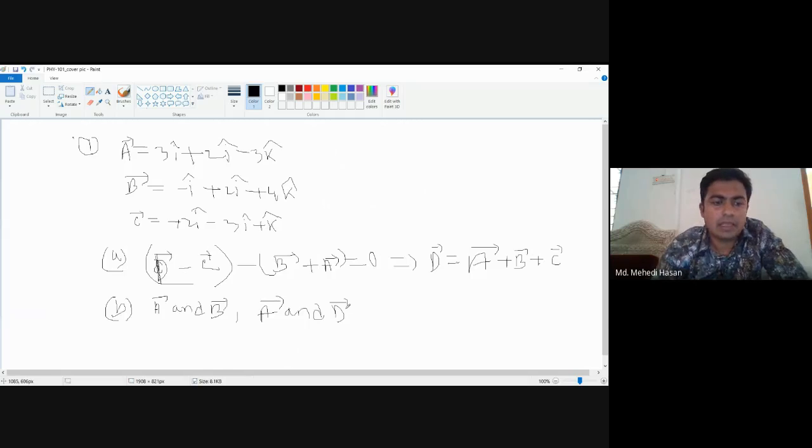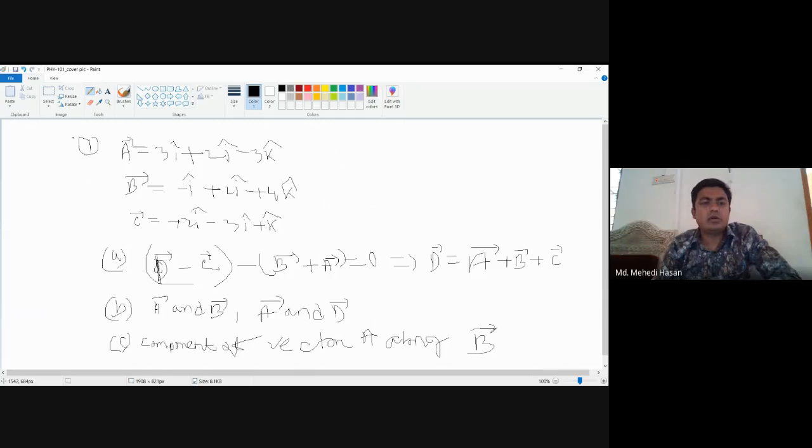And question number C, find the component of vector A along the direction of vector B. So this is a one set question.